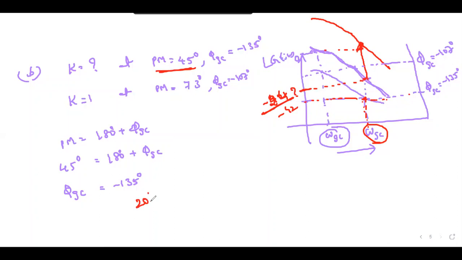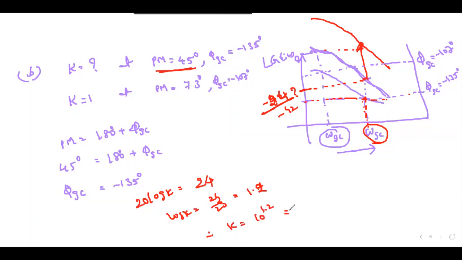Therefore, 20 log K is equal to how much we should shift? Plus 24 is required. Therefore, log K is equal to 24 by 20, which is 1.2. Therefore, K is equal to 10 power 1.2.